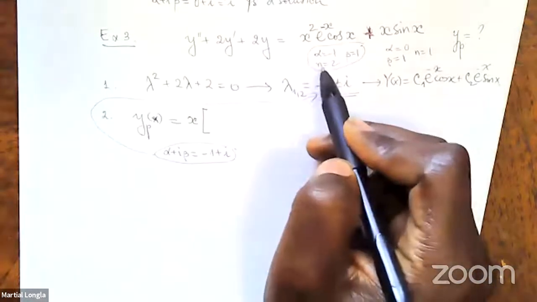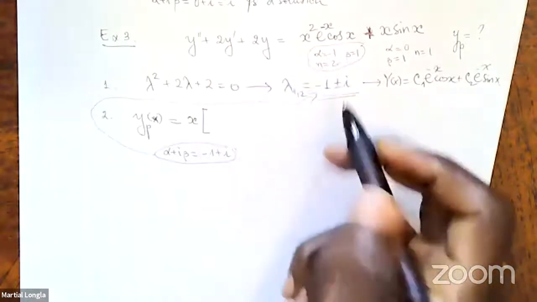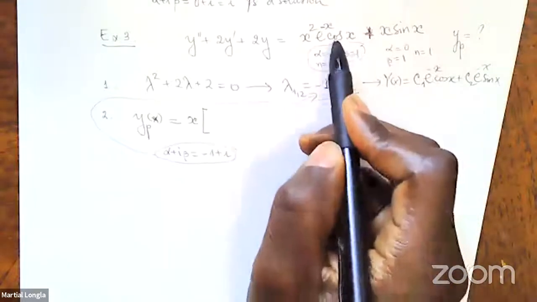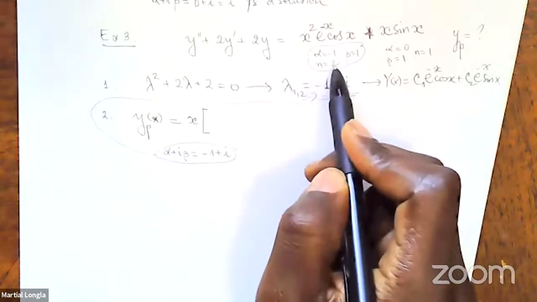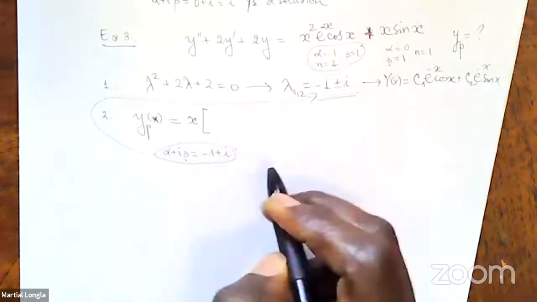Now, because n is equal to 2, you want a polynomial of degree 2 times cosine and a polynomial of degree 2 times sine.